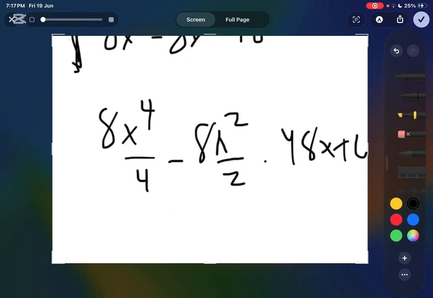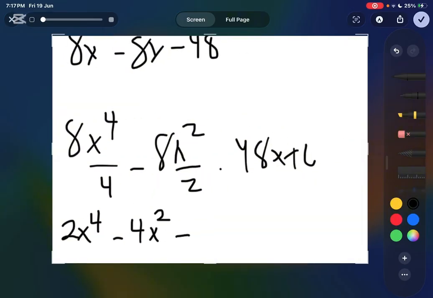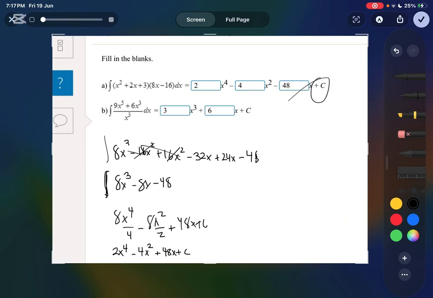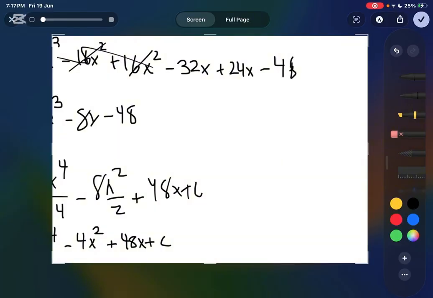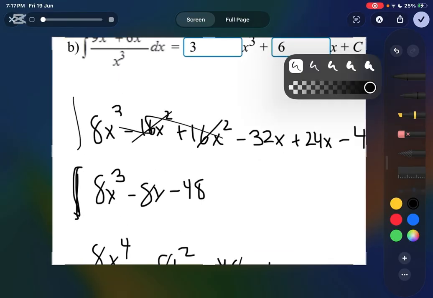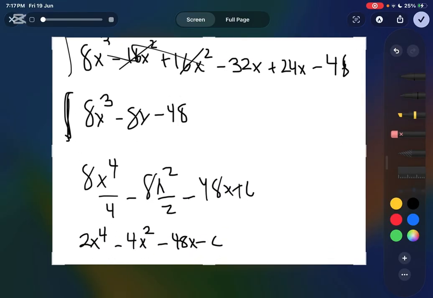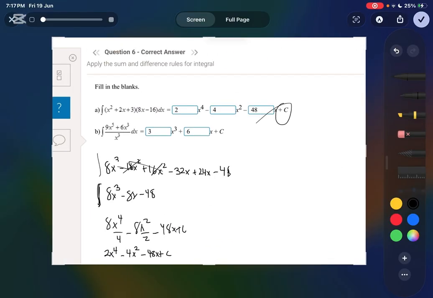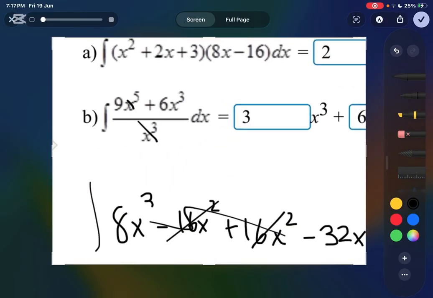So now this will become 2x^4 minus 4x^2 minus 48x plus c. My bad guys, it's minus from the start, so it's minus here. Yeah, plus c. Okay, now for part b, so you can simplify the 3 or the x.